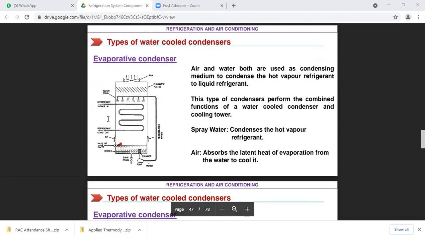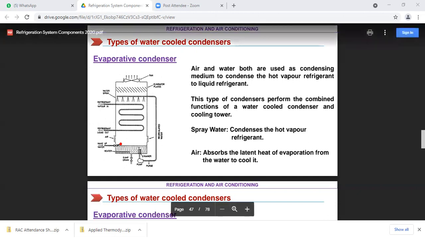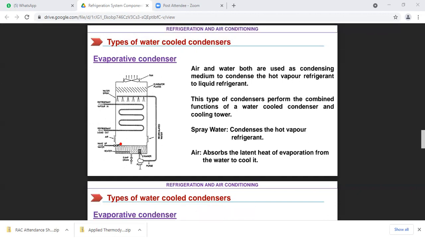And the last one is the evaporative condenser. In the evaporative condenser, both air and water are used as the condensing medium to condense the hot vapor refrigerant. These condensers perform the combined function of a water cooled condenser and a cooling tower. In its operation, the water is pumped up from the sump and spread over the tubes.